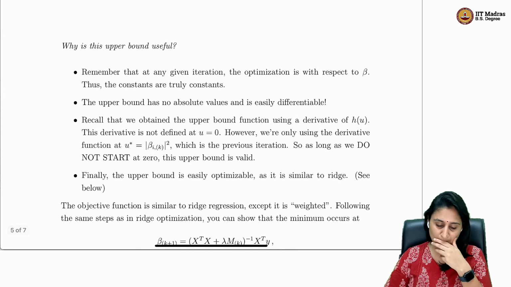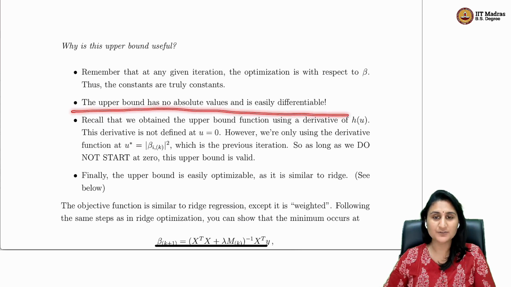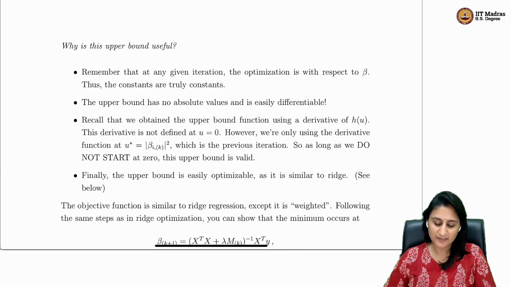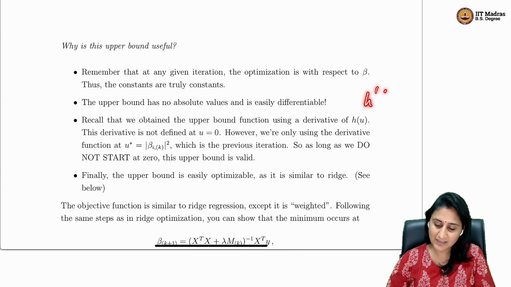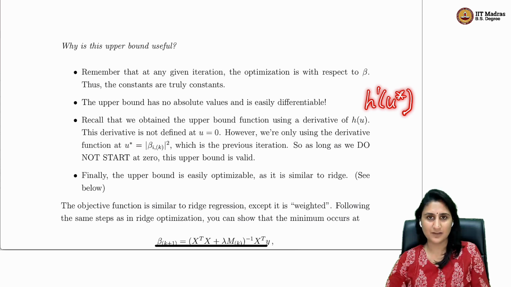So the constants are truly constants. The upper bound has no absolute values and is easily differentiable, right? Recall that we obtained the upper bound function using a derivative of h of u. This derivative is actually not defined at u equals 0. However, the derivative of h of u was only being utilized at h prime u star, where u star was only my current iterate of where I will be, right?